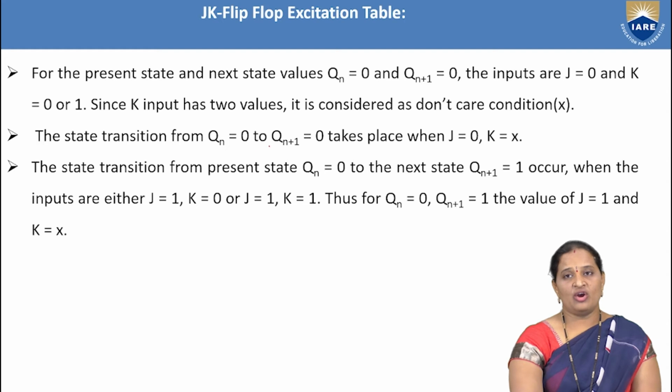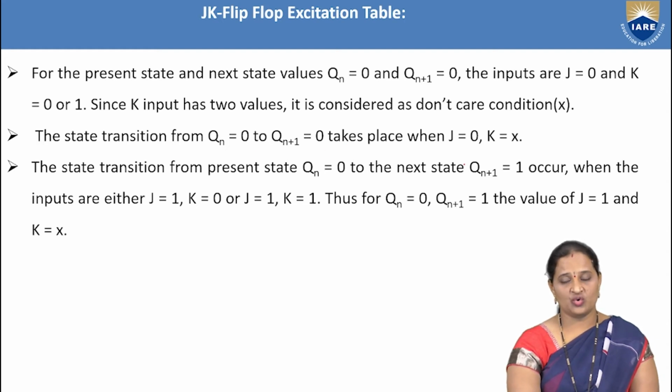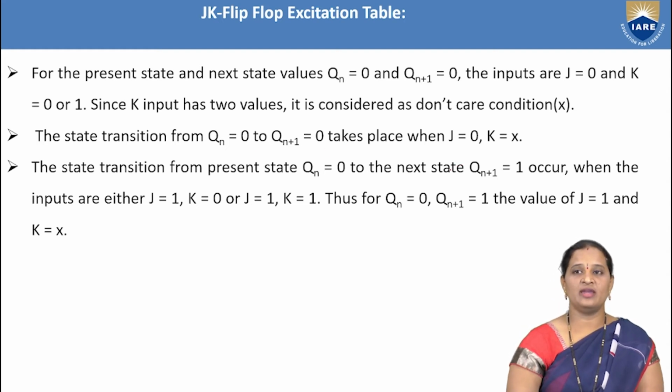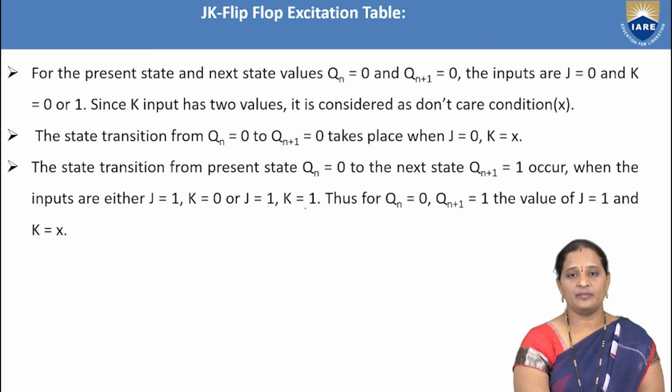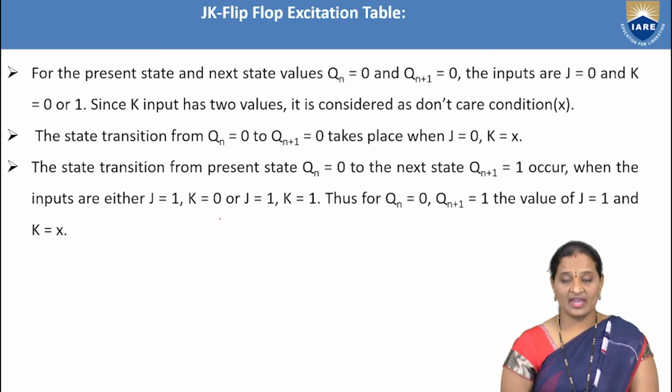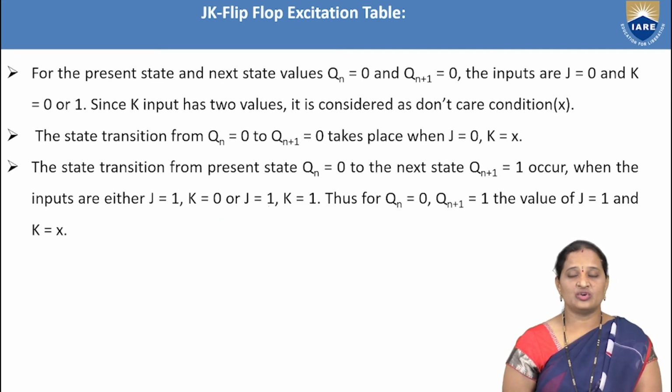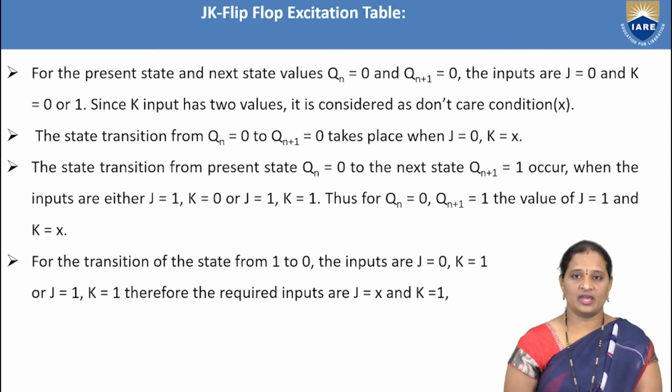Next up, in order to have a transition from 0 to 1, we need to apply the inputs to the JK flip-flop: j is equal to 1 and k is equal to 0, or j is equal to 1 and k is equal to 1. Hence we can also say that j must be 1 and k must be don't care. So to have a transition from 0 to 1, JK must be 1, don't care.